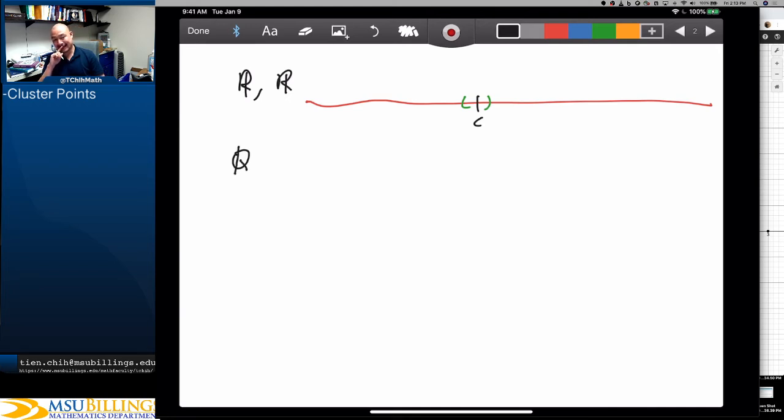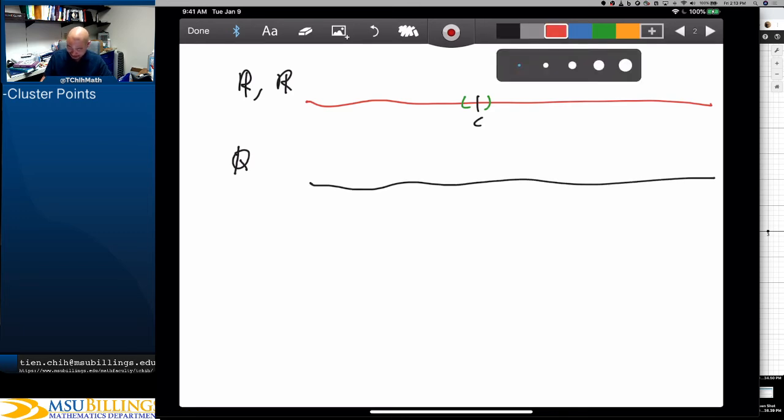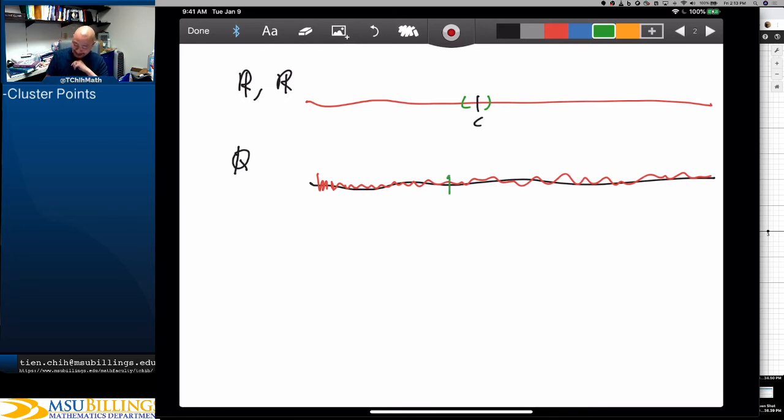Let's go ahead and take a look at the set Q, the rationals. And we think of the rationals as sort of interspersed inside of R. If I pick any real number, rational or irrational, we have a result from the beginning of this class, don't we?